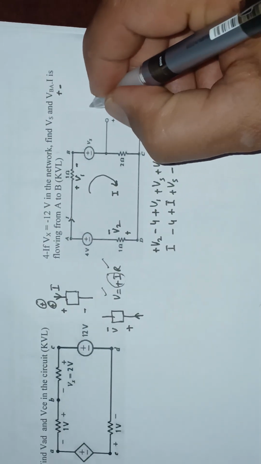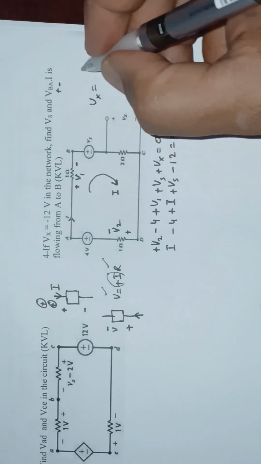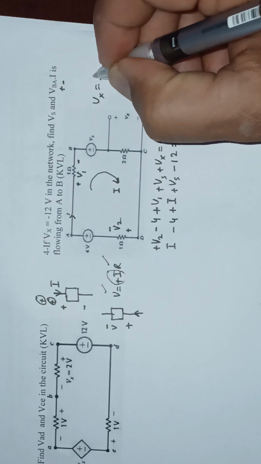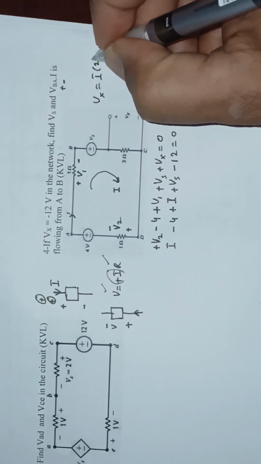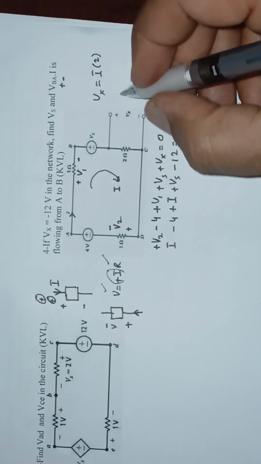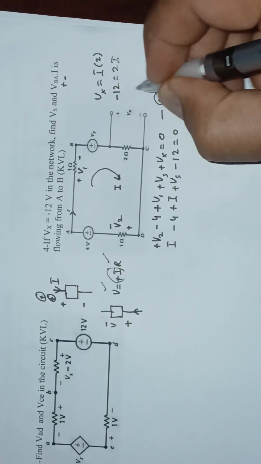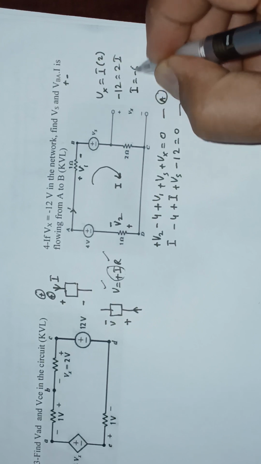So Vx is equal to, the current is hitting a positive terminal of a passive element, so I into R is I into 2, since the resistance is 2 ohms. Vx is given, it's minus 12, which is equal to 2I, and this implies that I is equal to minus 6.